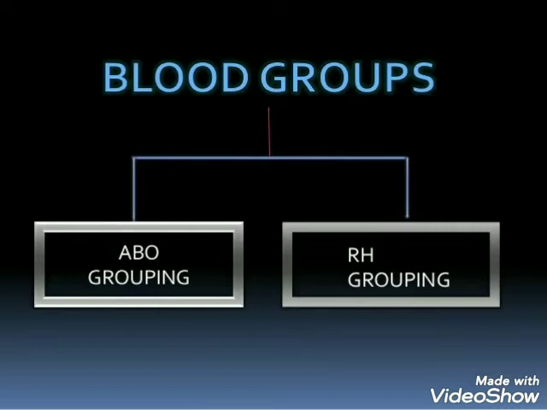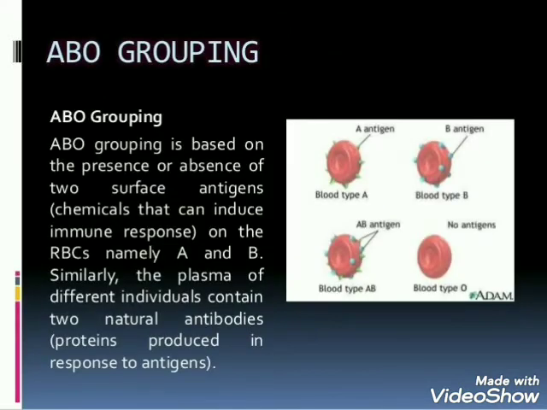In both cases the criterion is the presence or absence of certain antigens on the surface of erythrocytes, that is RBC. The presence or absence of antigen A or antigen B on the surface of RBC is the basis of this grouping.